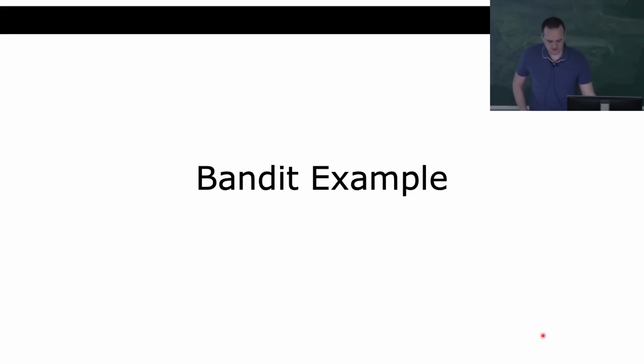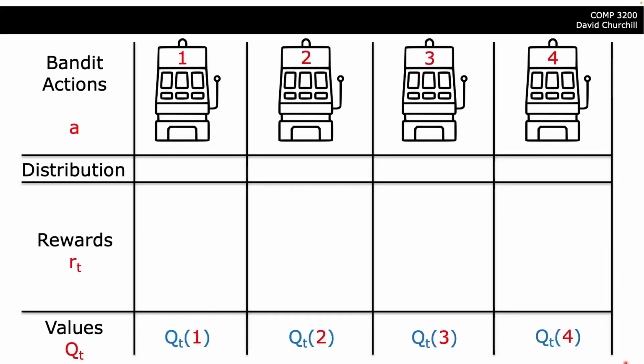So let's look at a nicely illustrated example. So here's the example here. If you're watching on the video and my face is up here in the top right corner, that's just another slot machine labeled 4. So there's 4 total slot machines. There's no information that's important up here. So I've got my bandits, 1, 2, 3, and 4. These are my actions. Okay, so this is A1, A2, A3, A4.